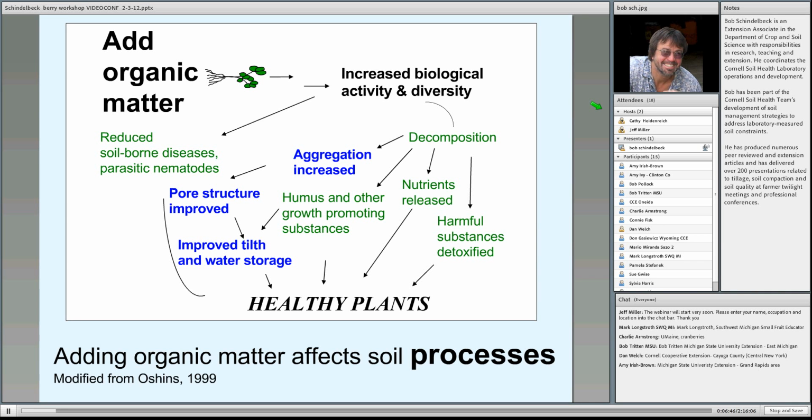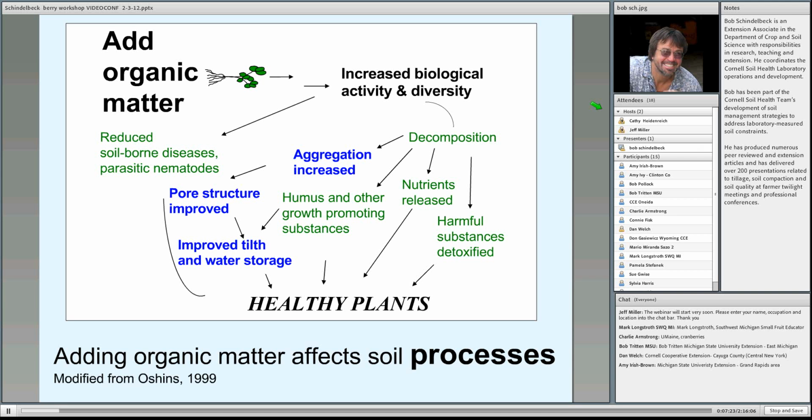But as we feed the soil this organic matter, we affect a lot of different processes, and I've outlined here in blue soil physical processes that are directly affected by organic matter additions and transformations, as well as in green, some soil biological processes that are directly affected by organic matter. And of course, these are processes that we test in the soil health analysis. Each one of these has an analysis that gets right at these nuts and bolts of soil function.